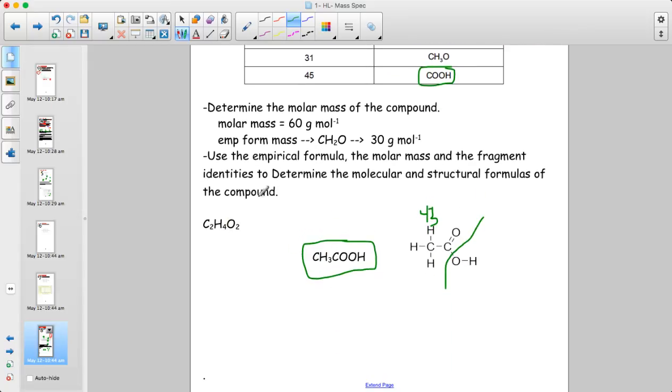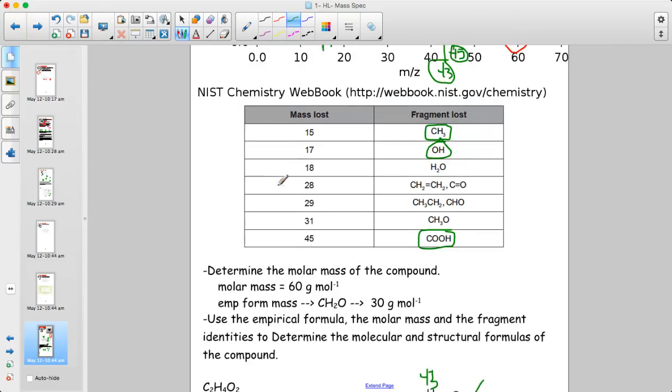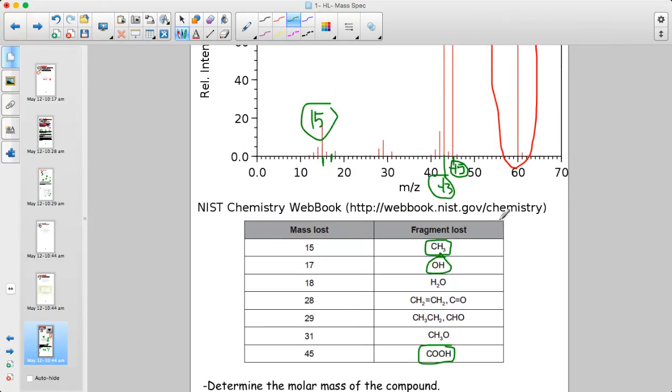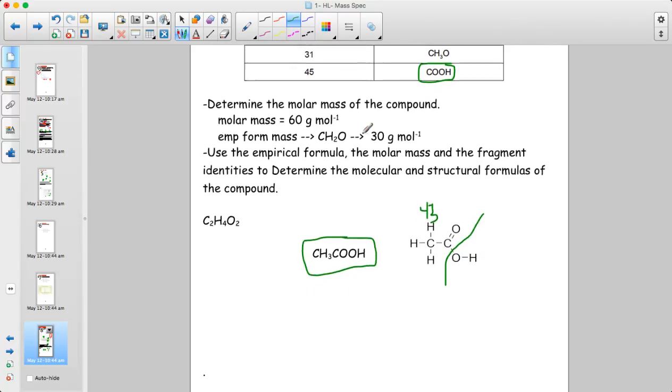And I made sure it matched my molecular formula. And then I'm pretty confident that what I've got here is ethanoic acid. I've got this carboxyl group along with a methyl group. So we'll do more practice in class, but that's essentially what you do with the mass spec. You get asked to interpret these printouts, these readouts, and also to predict and draw the different fragments.